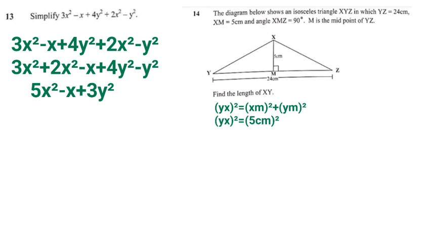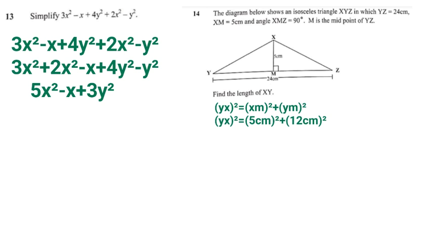To find the length of YM, we are told that M is at the midpoint of YZ. That means from M going to Y, it's half of the length of YZ. So the half of that is 12. So we're going to say plus 12 squared.